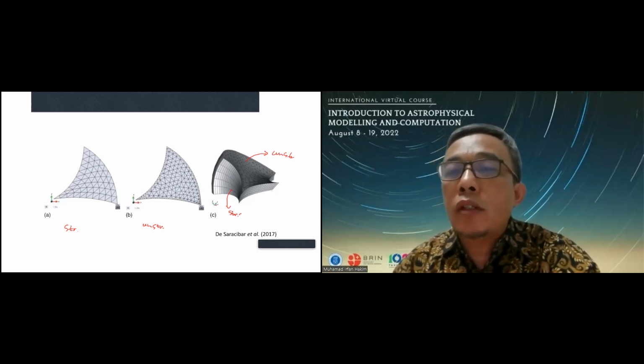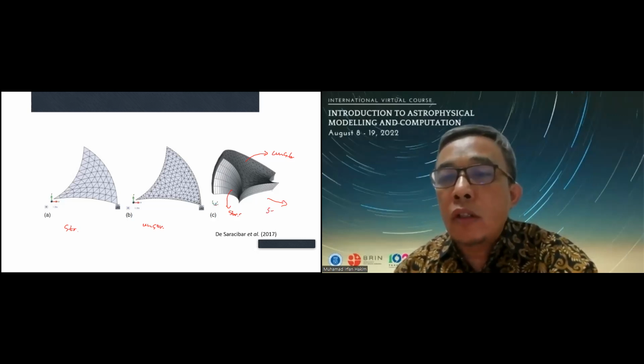So we may say this mesh is a semi-structured mesh.